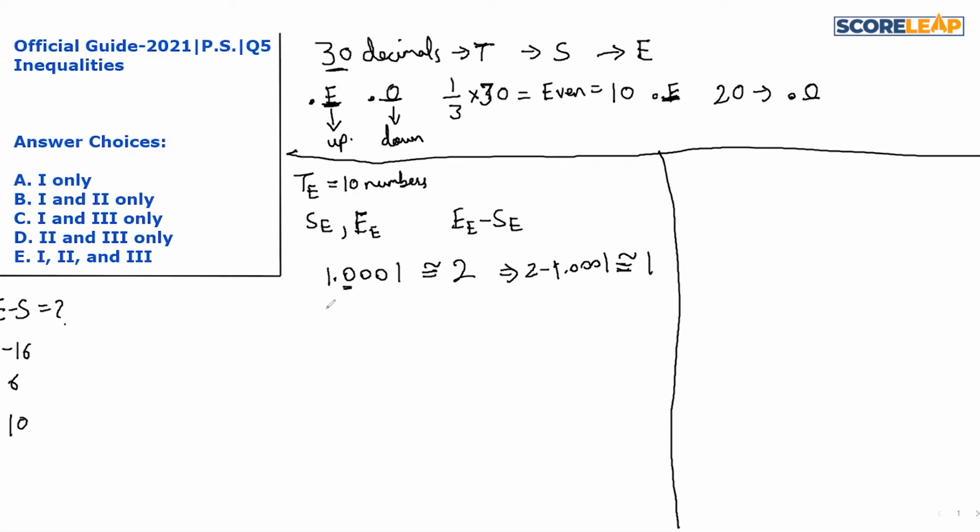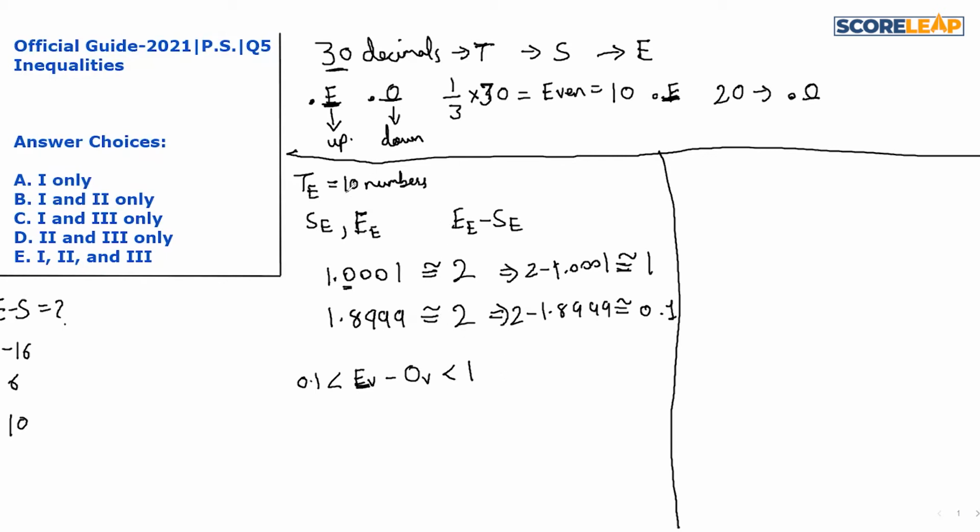Similarly, let us find out the minimum difference that we can have between the original number and the estimated value. So I can take the number as 1.8999 and so on. The estimated value will be 2 and the difference will be 2 minus 1.899, which is approximately equal to 0.1. So the difference between the estimated value and original value will lie between 0.1 and 1.